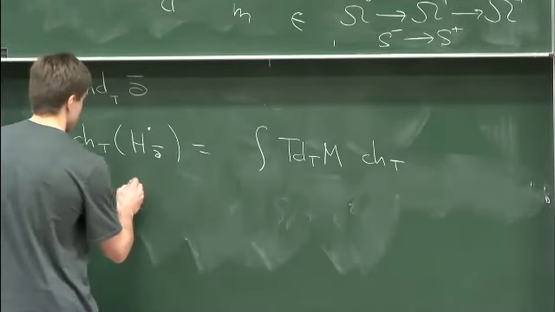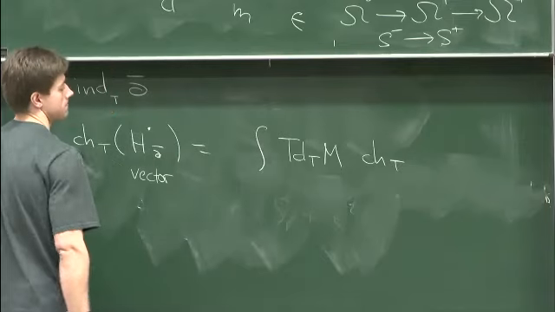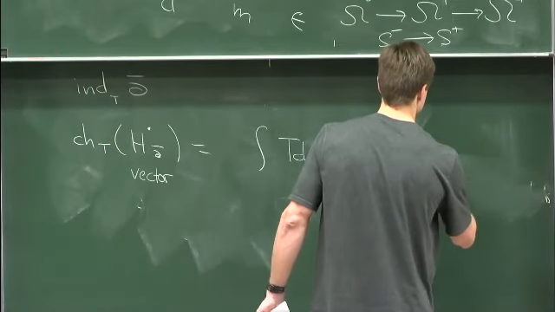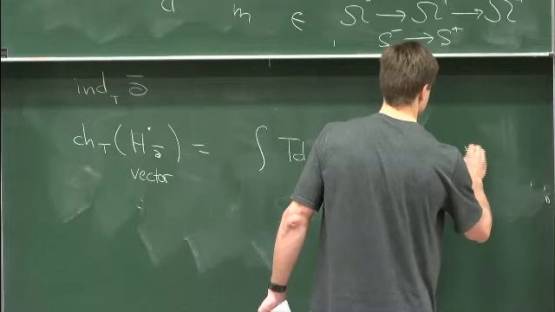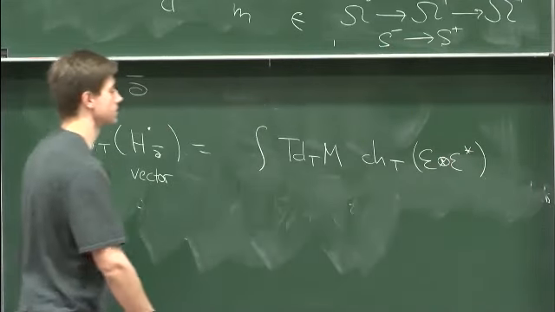So let's say if we are doing the vector multiplet, then here we would take epsilon times epsilon star.